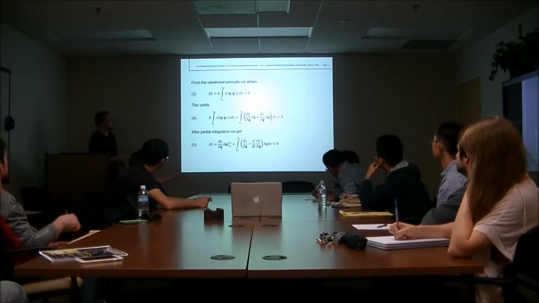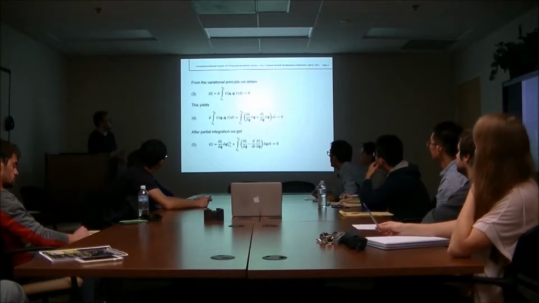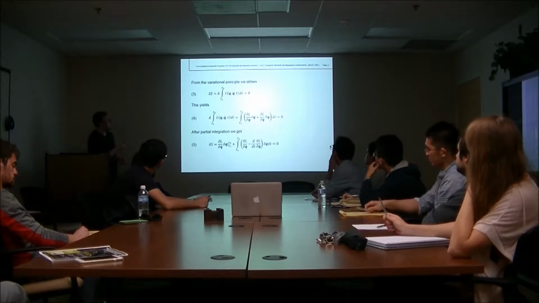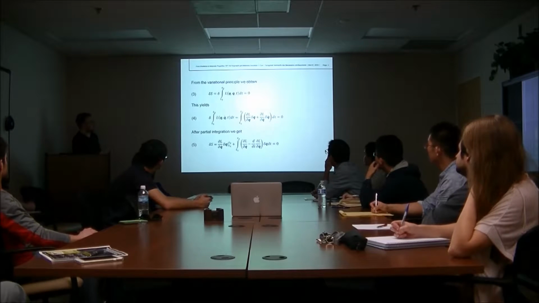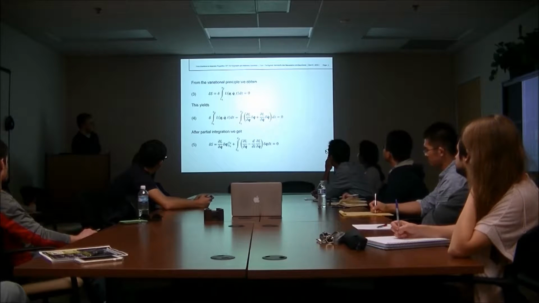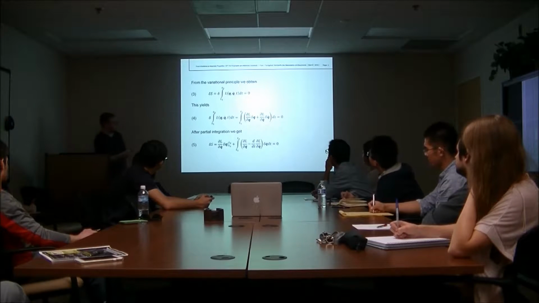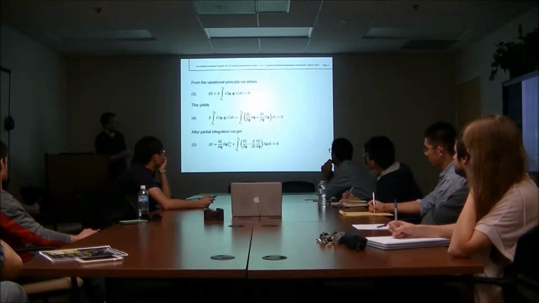So we vary so that it gets minimal. This is the general variational principle. And then we just need to apply the variations. So we vary the coordinates and the velocities, and we integrate everything over time.